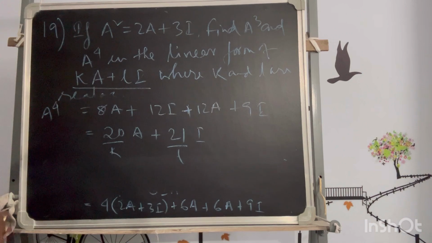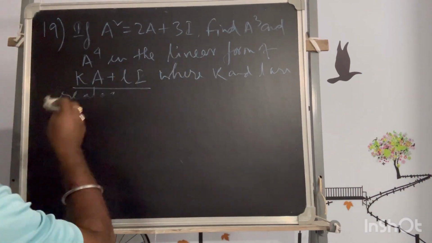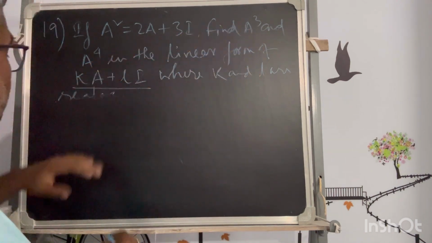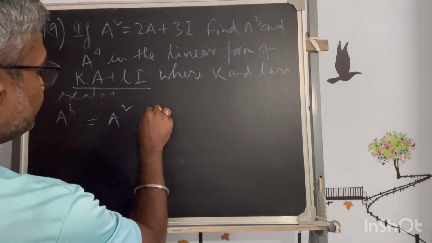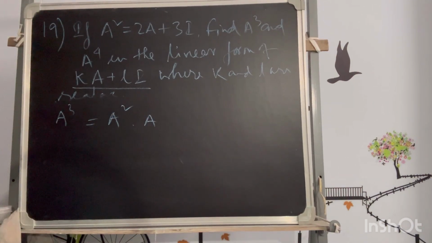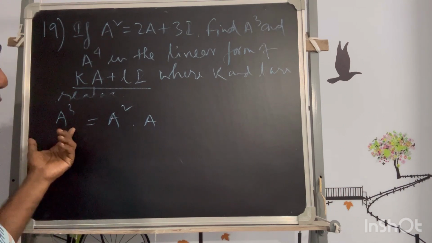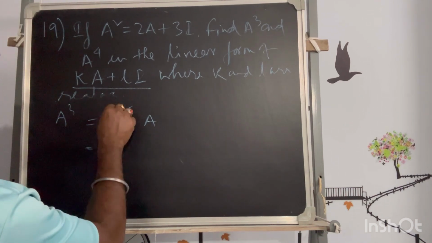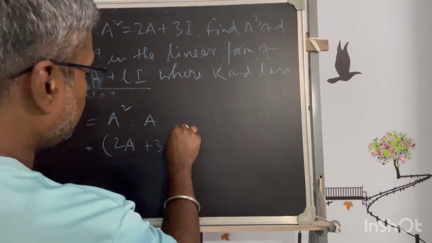Now we'll look into the next problem, because we have to find both a cube and a4. If we want to find a cube, that can be written as a square into a. So a square can be represented as 2a plus 3I into a.